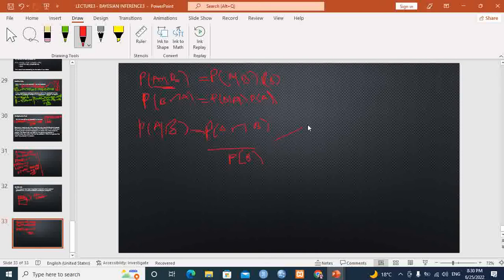We have this from conditional probability, and we have this from the multiplicative rule. Now you can replace probability of A intersection B with this, which will be equal to probability of B given A times probability of A, divided by the probability of B.